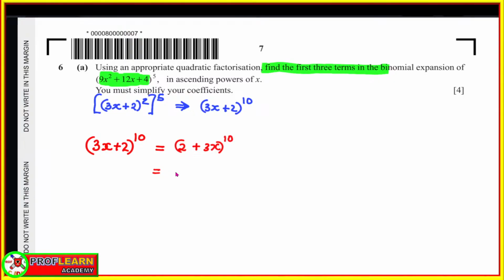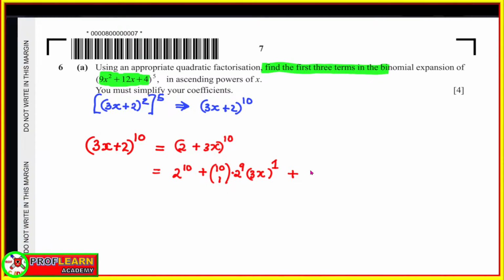So the first one will be 2 raised to power 10, then plus the second term, which is going to be 10 combination 1, and then we shall have 2 raised to power 9, 3x raised to power 1.